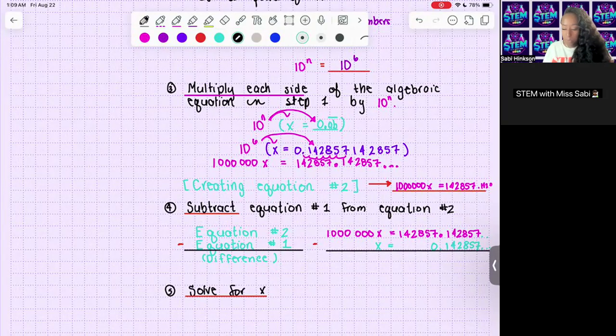Okay. So when we do a million x minus 1x, we end up with 999,999 x is equal to, and remembering the good old thing is that these decimals cancel out.